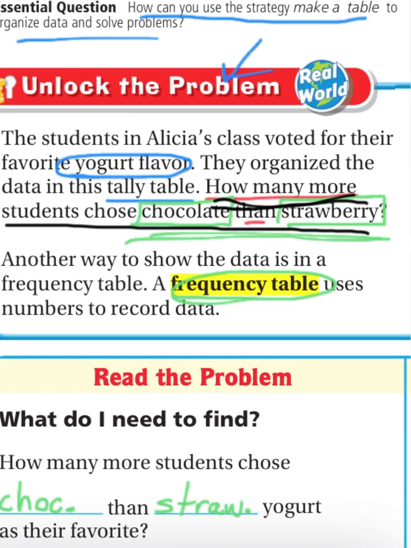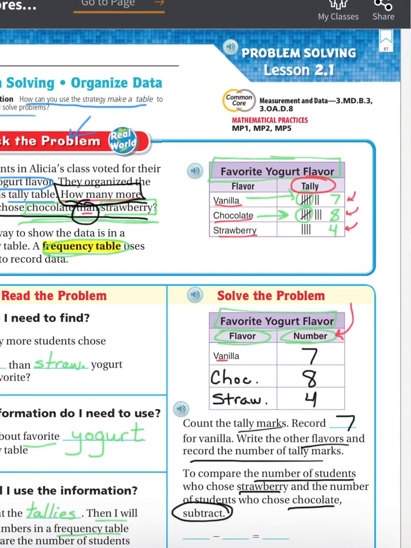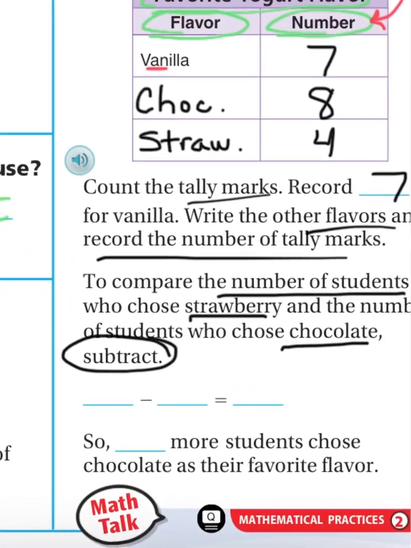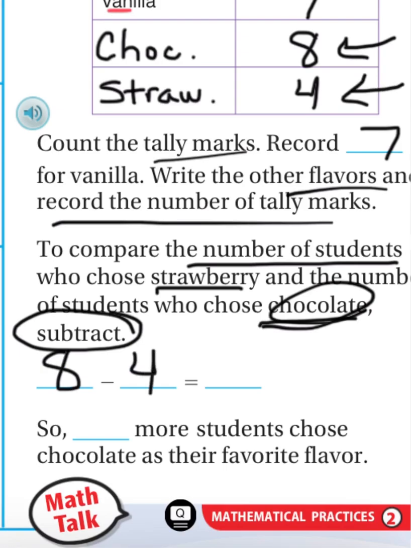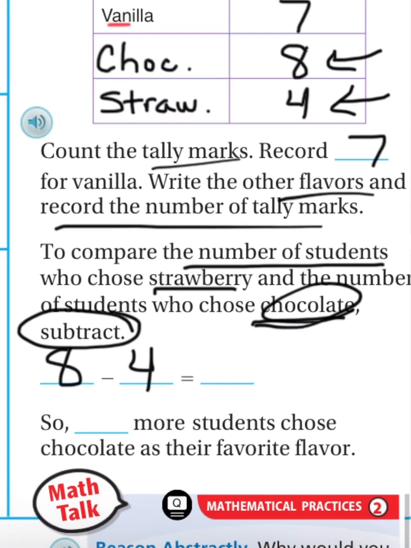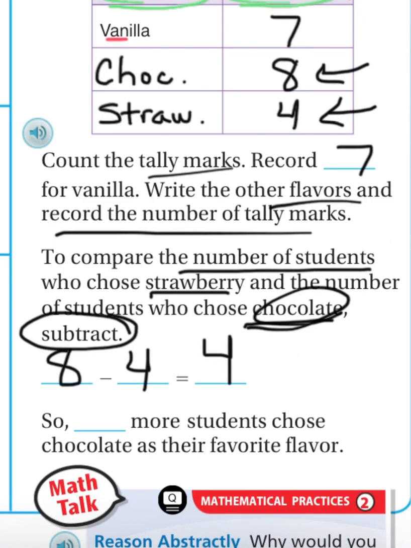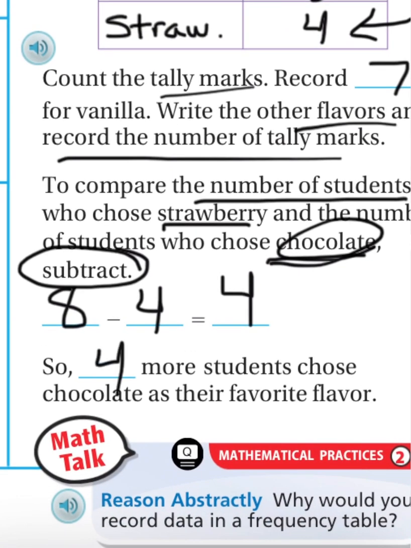Whenever we see how many more of something than something else, we know we are in a subtraction problem. So how many more students chose chocolate, which was 8, than strawberry, which is 4. So 8 minus 4 equals 4. So 4 more students chose chocolate as their favorite flavor.